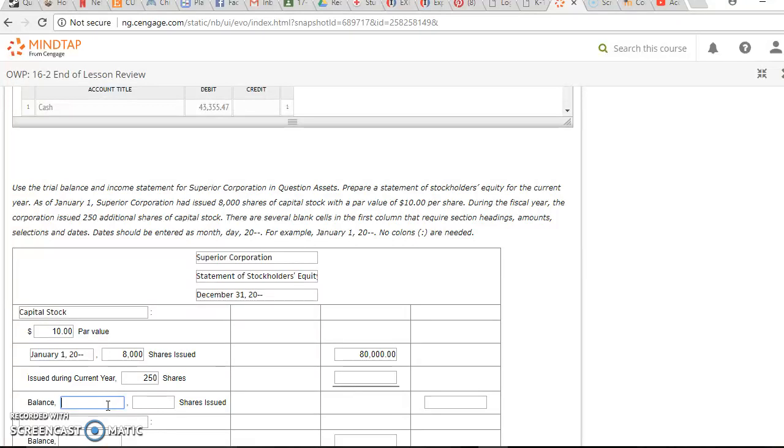So then on the balance on December 31st, there were, so this would be 250,000, or 25,000, I'm sorry. So then we had 8,250 shares total issued with the two of them together.